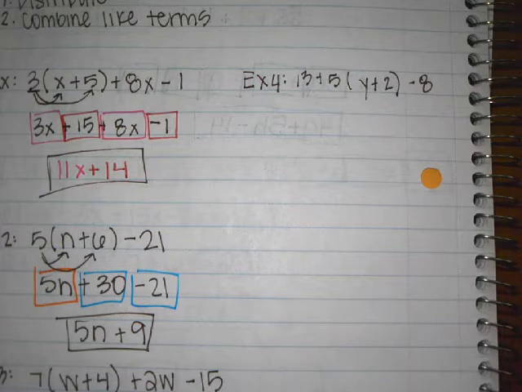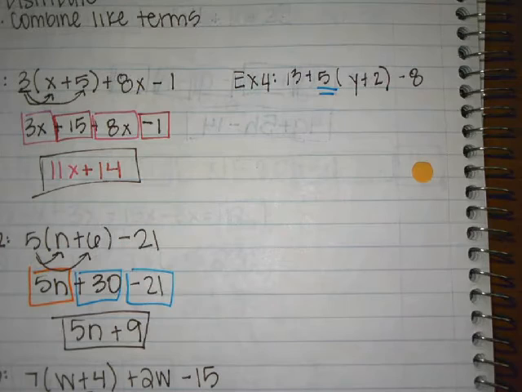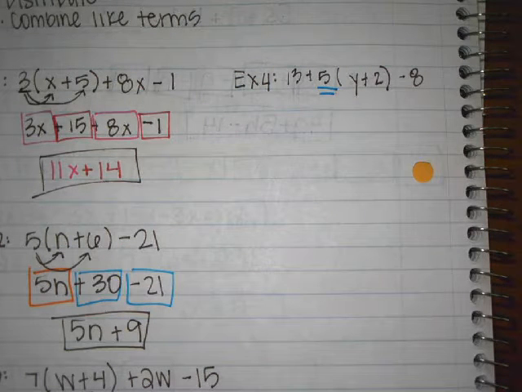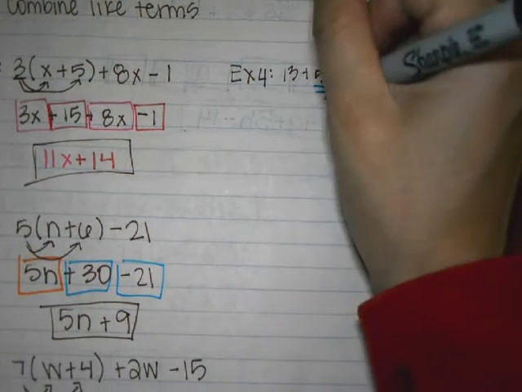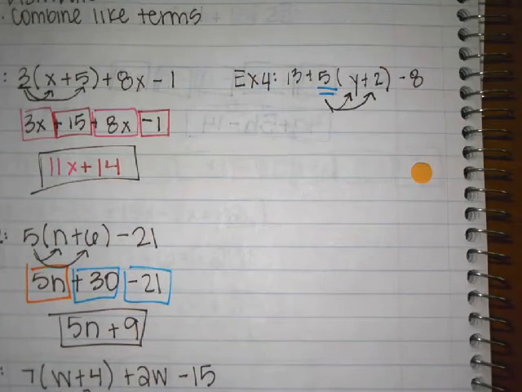So which number is being multiplied by the parentheses, you guys? The 5. So you are going to distribute just the 5. We're not distributing the 13. We're not distributing the 8. We are distributing just the 5 to the numbers that are inside parentheses. So it's 5 times y, and it's 5 times 2.